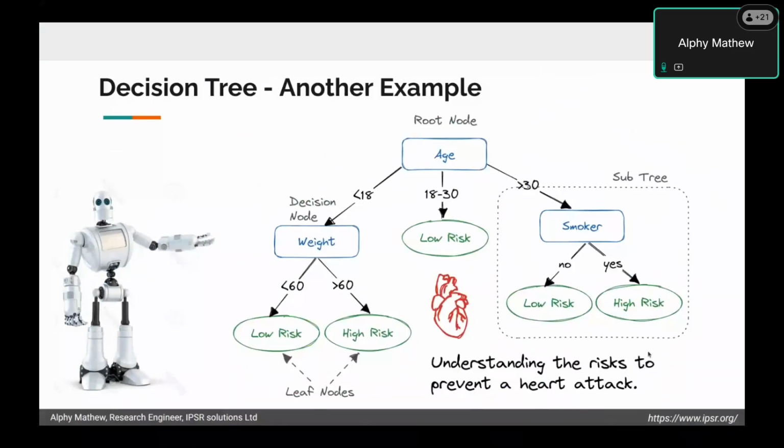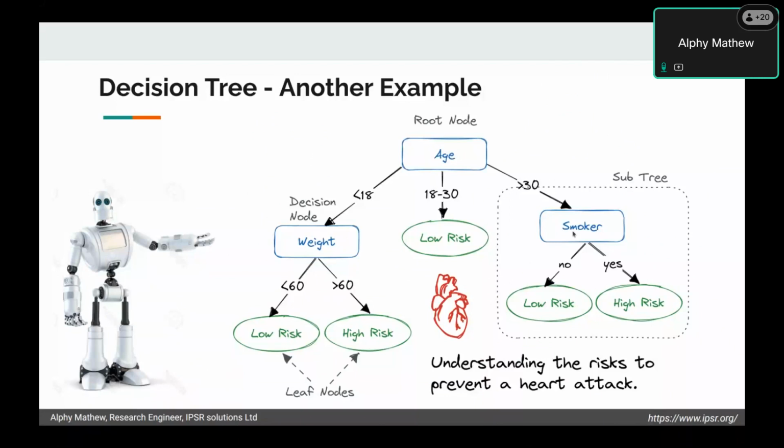This is another example of a decision tree. Here our problem is to predict heart attack risk based on some attributes. Our attributes are weight, age, and smoker. Attributes means our data set columns: weight is there, age is there, smoker is also there.